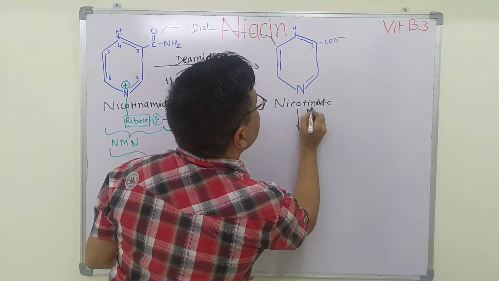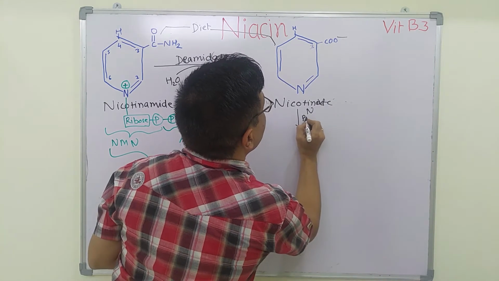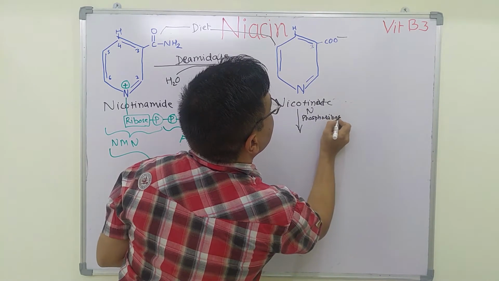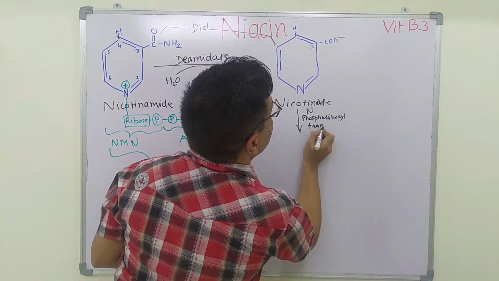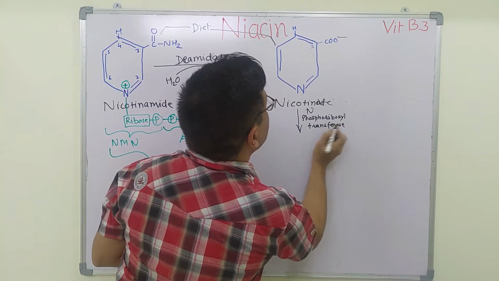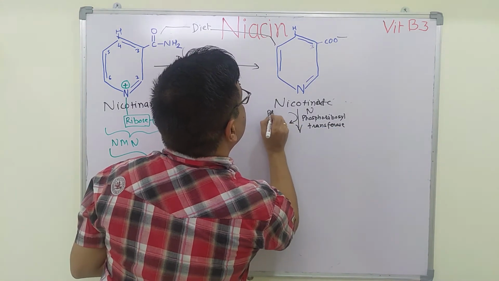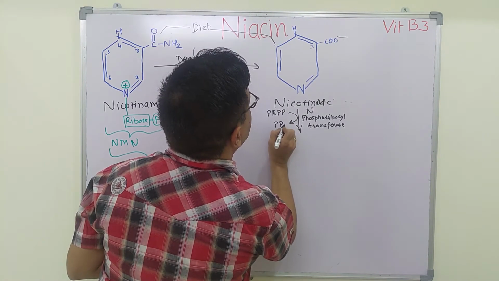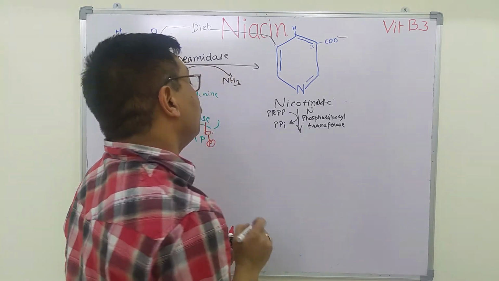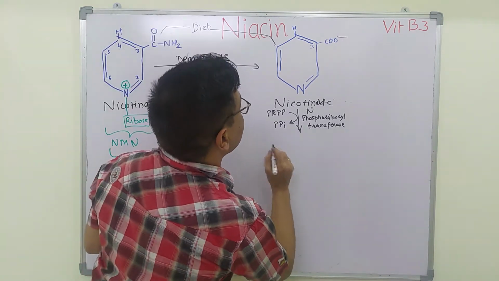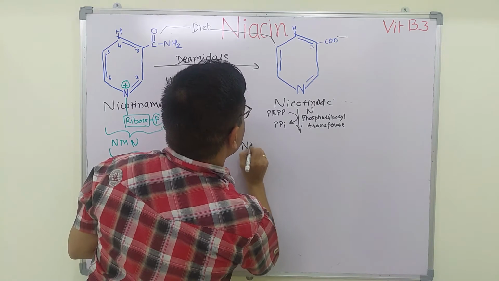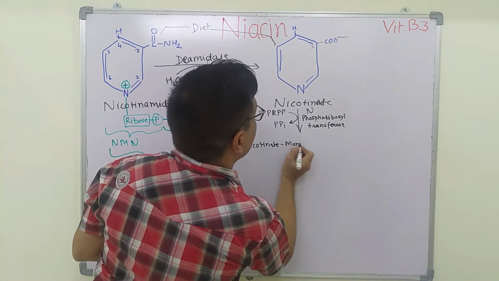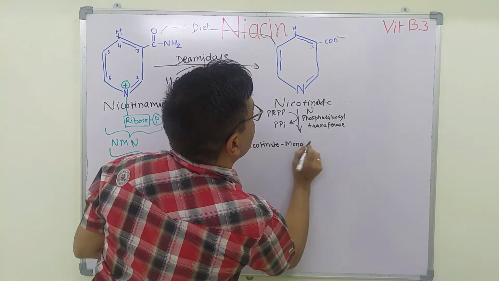Nicotinate, by the action of nicotinate phosphoribosyl transferase, accepts a phosphoribosyl unit from PRPP, which is converted to PPi, and nicotinate is converted into nicotinate mononucleotide.